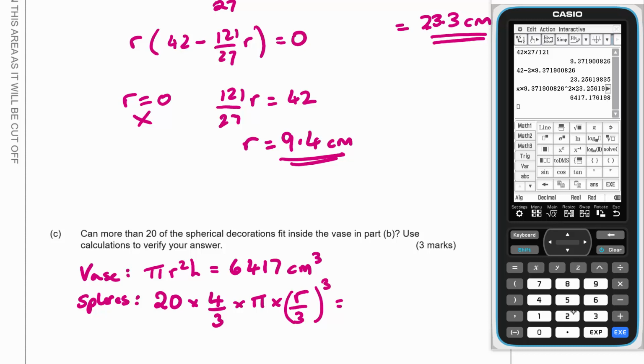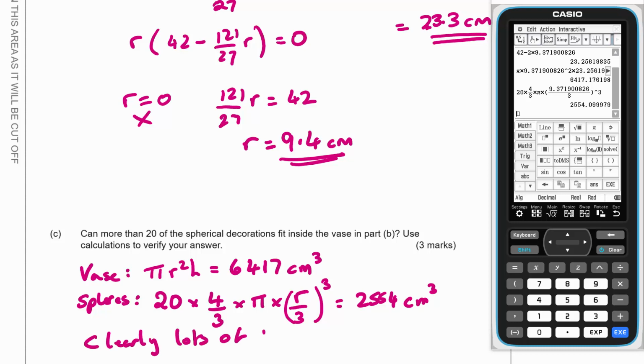So that's going to be 20 times 4/3 times pi times, so that was the r, divided by 3 cubed. And that is 2554 cubic centimeters.